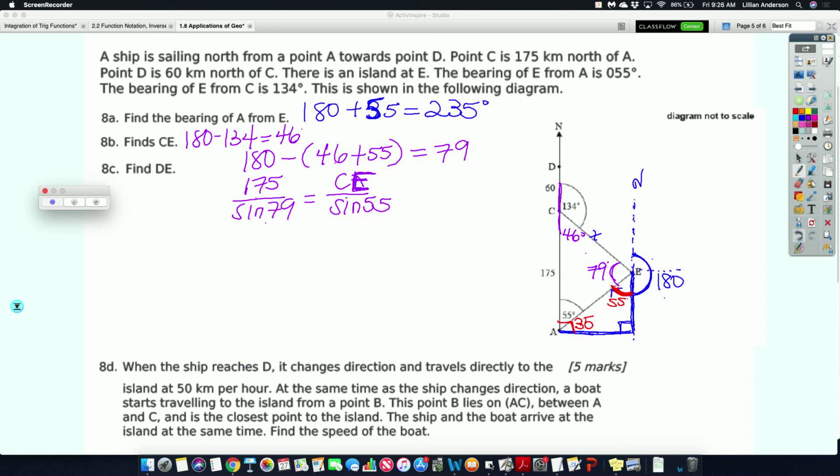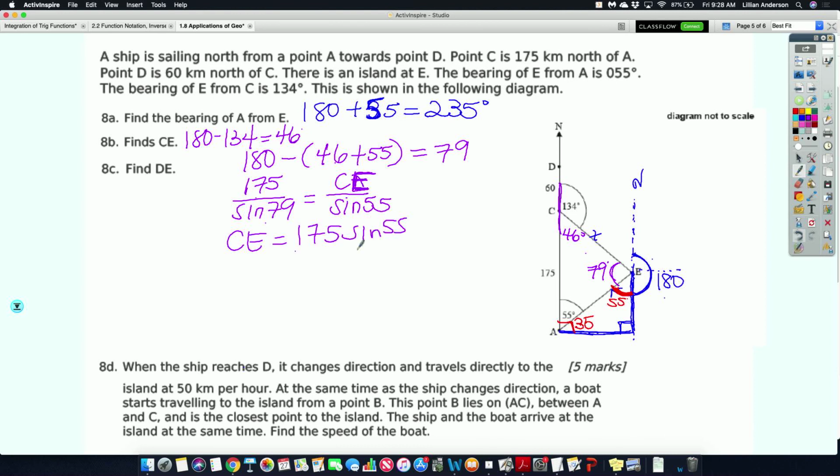Go ahead and find CE. You cross multiply and divide, so CE is equal to 175 sine of 55 all over the sine of 79, which is what? 146.04, so three significant figures would be 146, and that is kilometers.